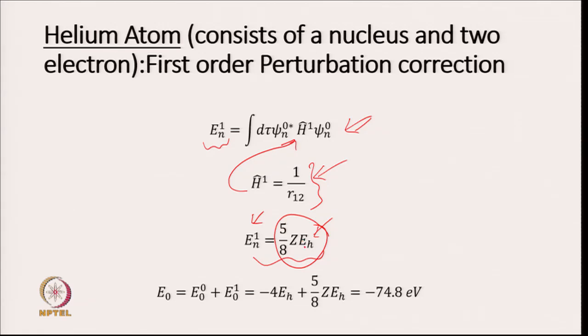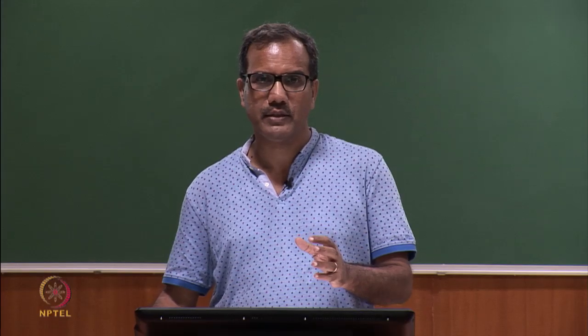So, your energy E naught is equal to E naught naught, which is obtained neglecting the repulsion part, plus this perturbation, and if you add this, you will get minus 74.8 electron volt. So, these are the three different methods by which you can calculate the energy of orbitals associated with the helium atom.